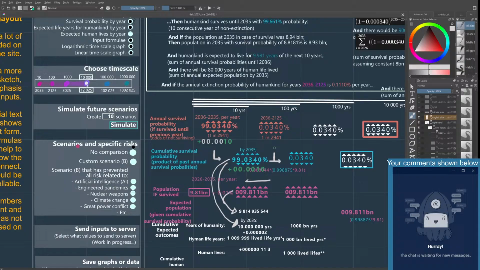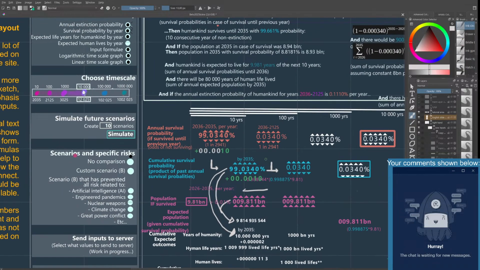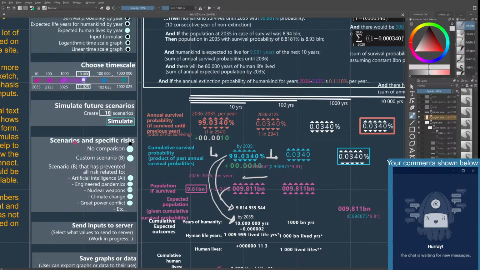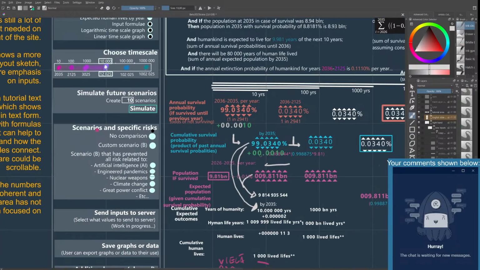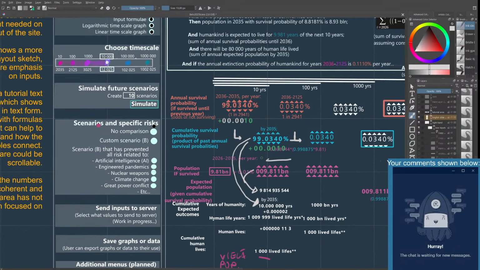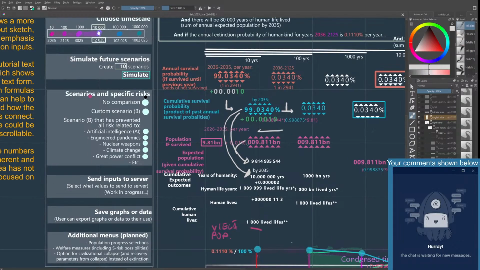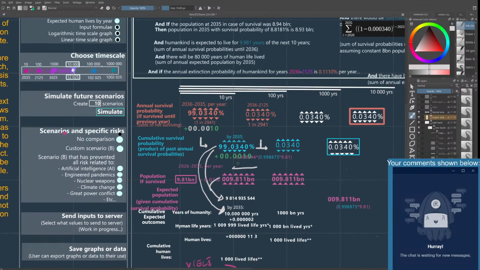But I think for these two top rows, it's basically two variables for the same thing, and it might be useful for the user to understand that the cumulative survival probability is the product of survival probabilities in previous years. So yeah, this is a little bit tricky.